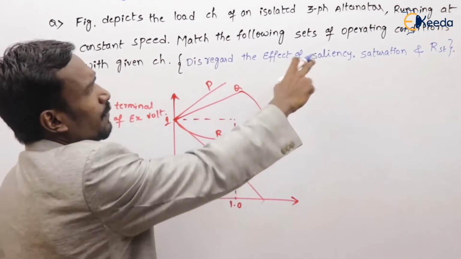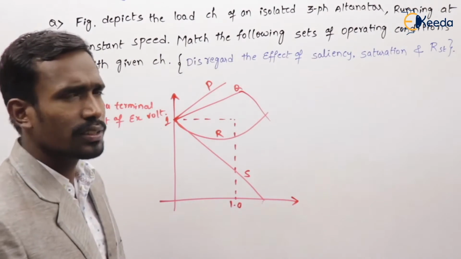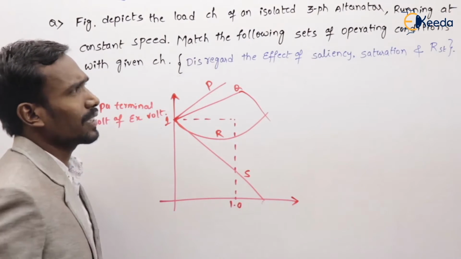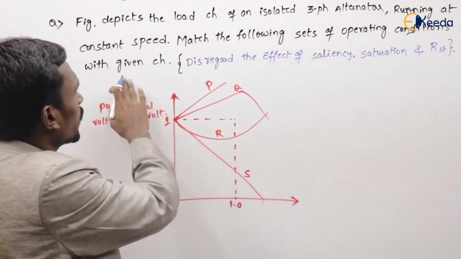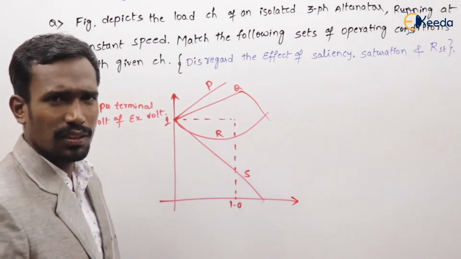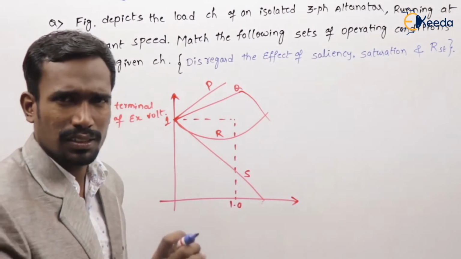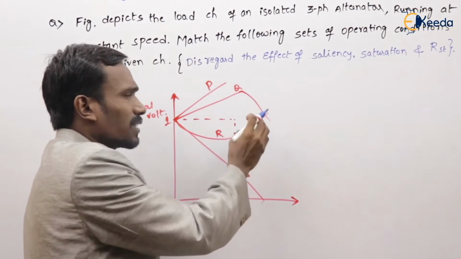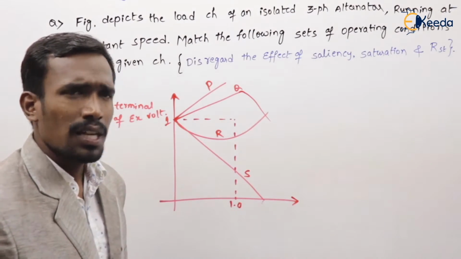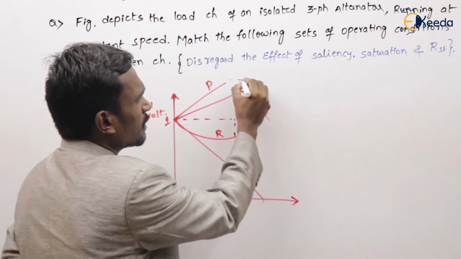Match the following sets of operating conditions with the given characteristics. Tell me, what do these characteristics represent?